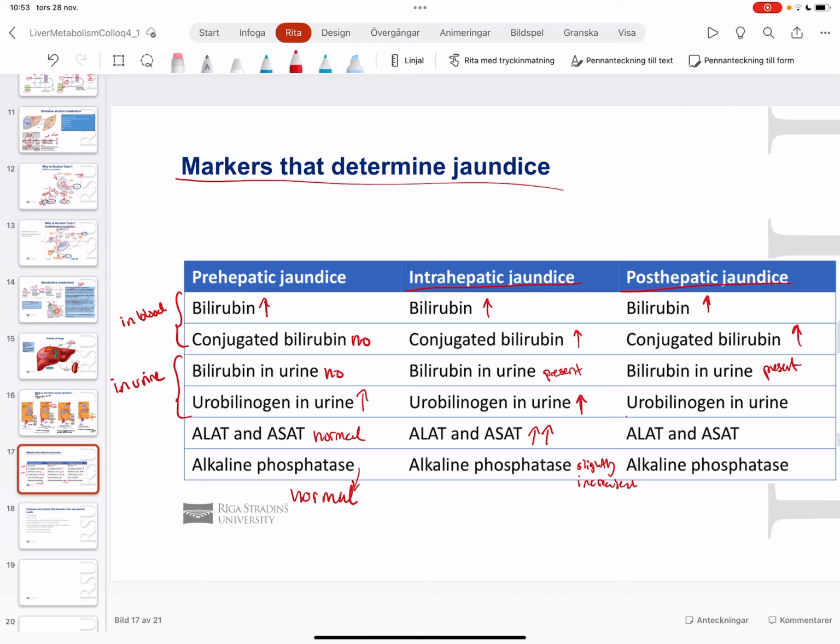But urobilinogen, very important, nothing is there. ALAT and ASAT should be normal because there's no liver disease here, or slightly increased. And alkaline phosphatase definitely increased because there's a bile duct obstruction.